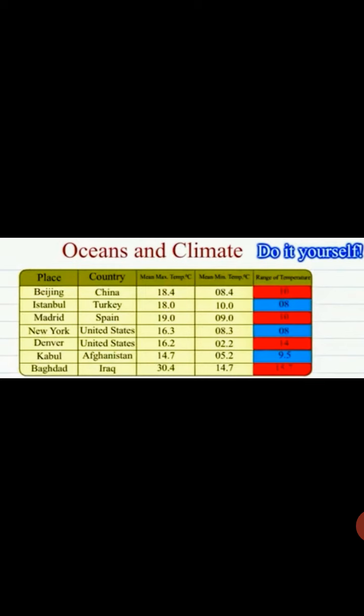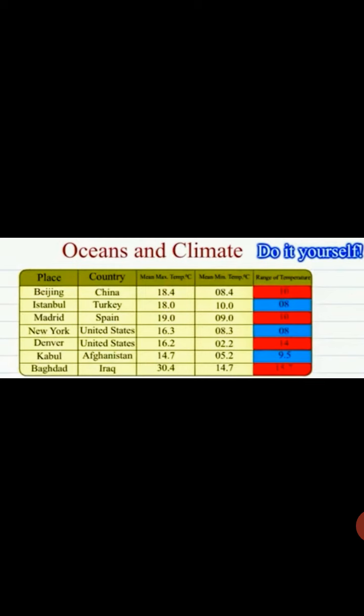Now moving to the next question, in which thermal zone are all these places located? All these places are located in the temperate thermal zone. Temperate thermal zone, I am repeating, okay?